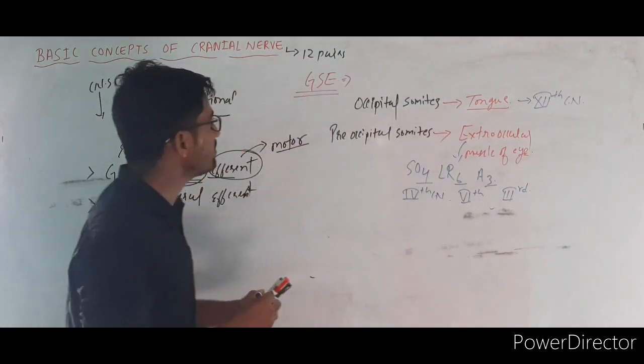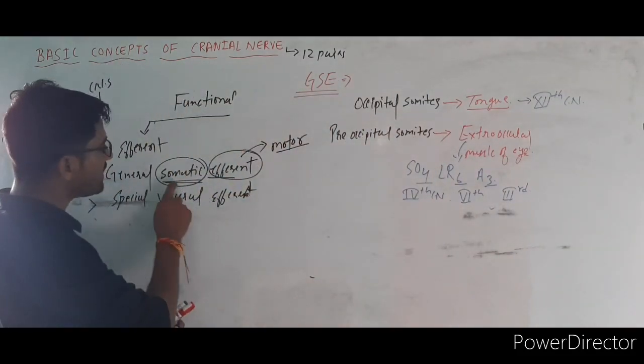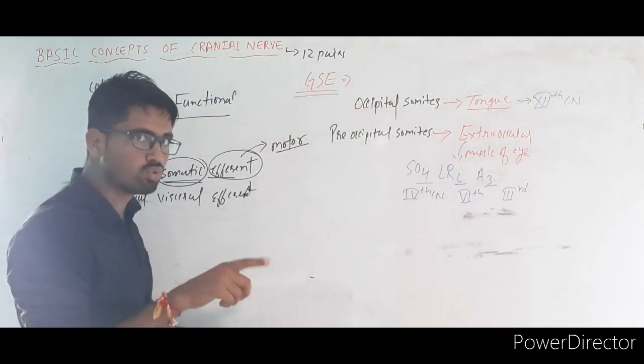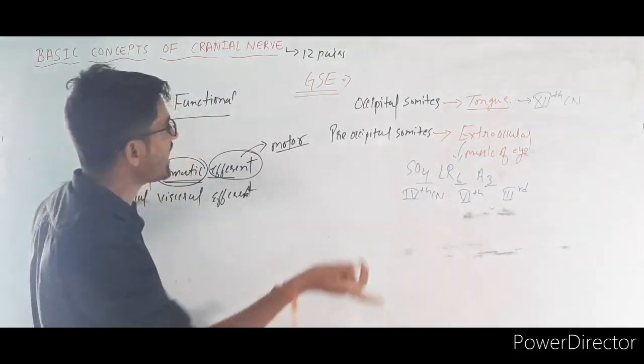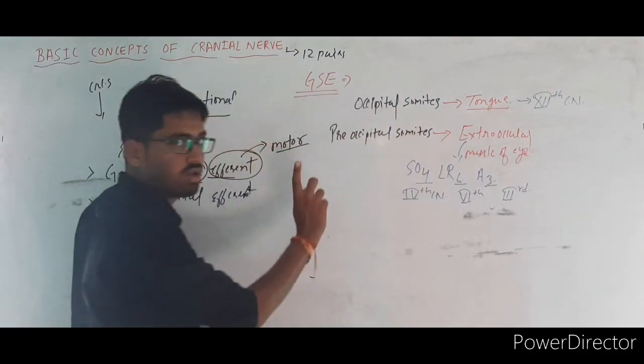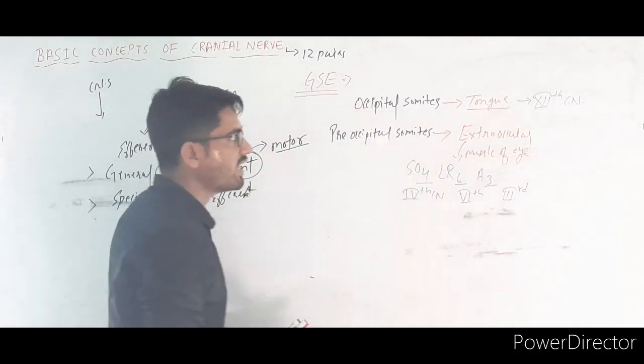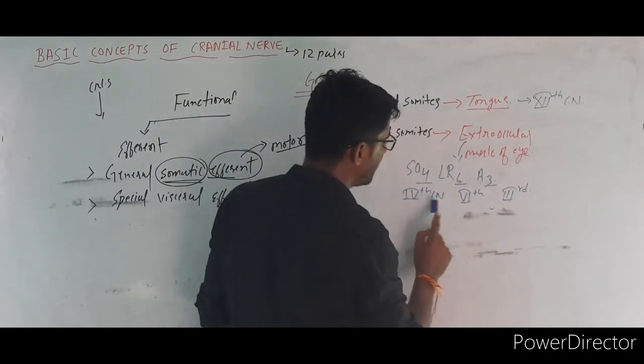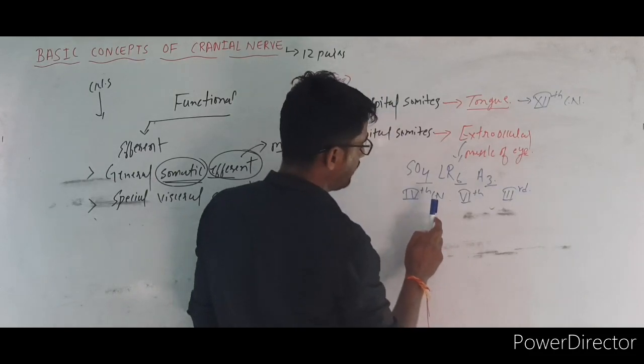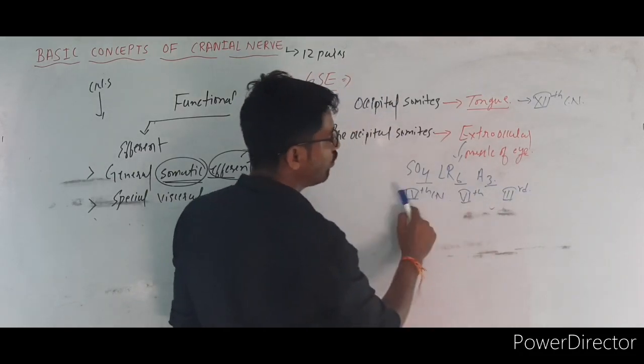So these fibers, general somatic efferent, supply those muscles which arise from the somites. Yes, and we know the muscles of the tongue and the extraocular muscles. Now cranial number, here is the 12 and here are the third, fourth and the sixth.